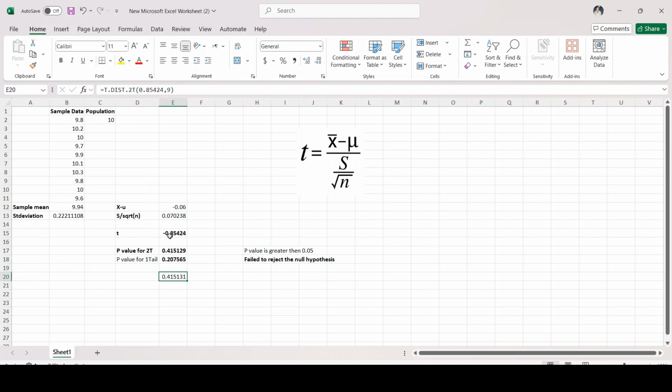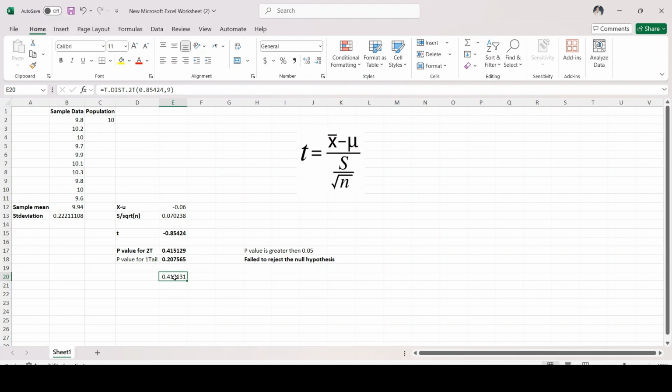It will not consider the negative symbol if we use absolute values, because we are just looking for the p-value, right? So one thing we have found, and we have concluded the hypothesis: fail to reject the null hypothesis.